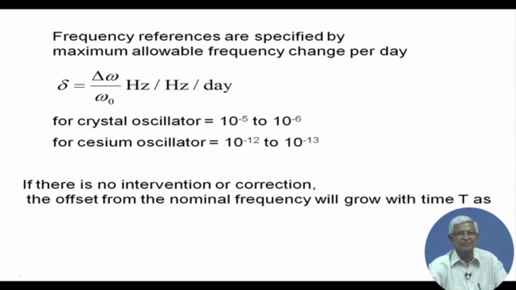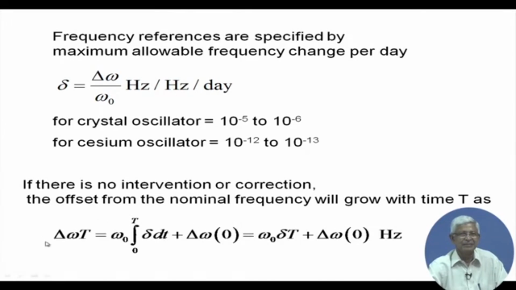This can be presented in a mathematical form: over time capital T, delta omega at T is omega naught, integral from 0 to T of delta dt. This delta is the frequency change per day, and over T it will grow, plus the initial frequency difference, whatever was there.